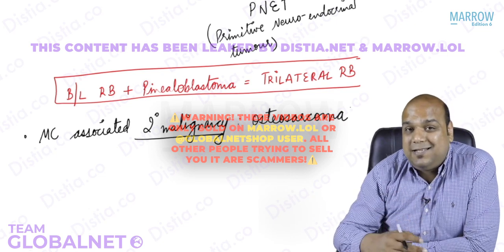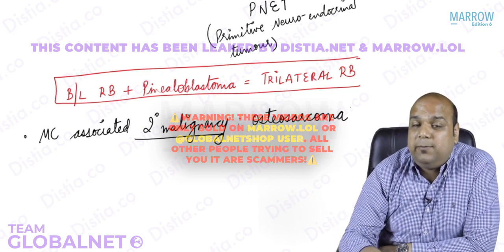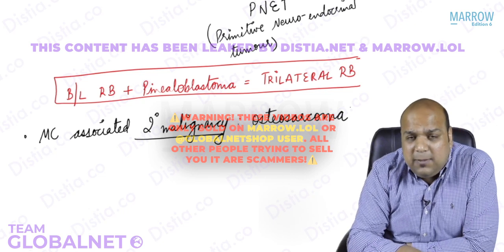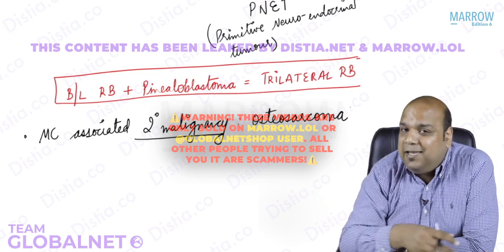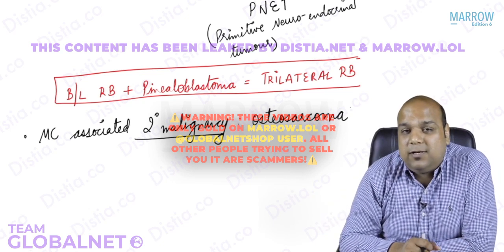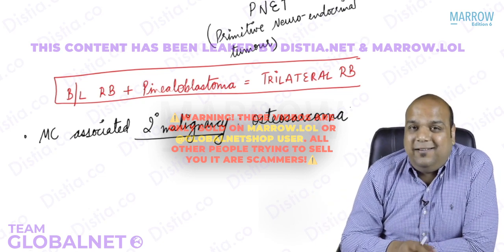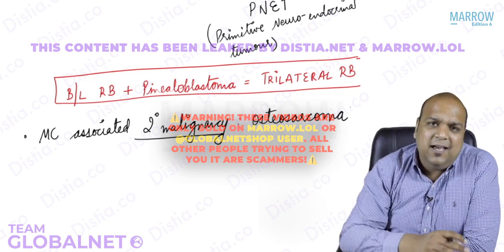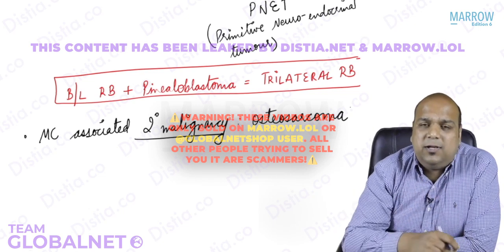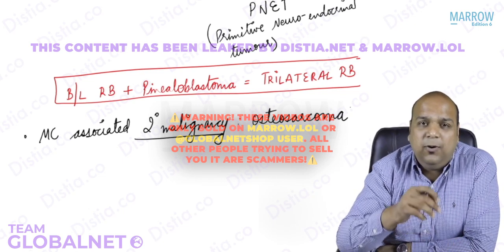So osteosarcoma occurs due to metastasis from the primary tumor, everybody. It is the secondary malignancy. But the most common associated malignancy, even without any metastasis occurring, is pinealoblastoma. I hope you understand the two questions here about hereditary retinoblastoma, which usually you may get wrong here, everybody. Yes? And that's the basic part of our etiology or transmission modes of retinoblastoma.